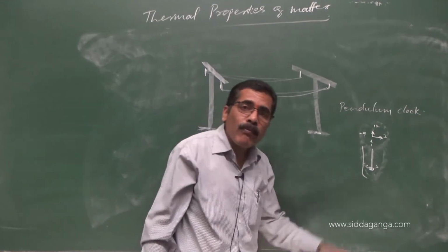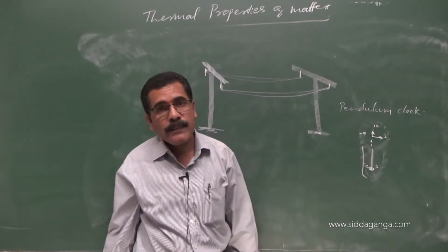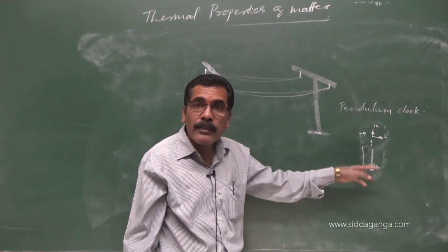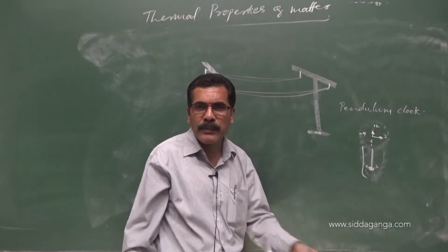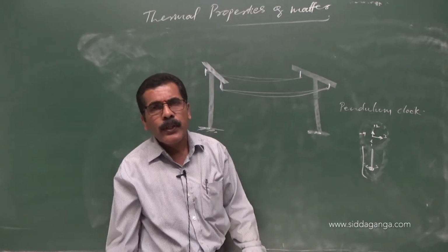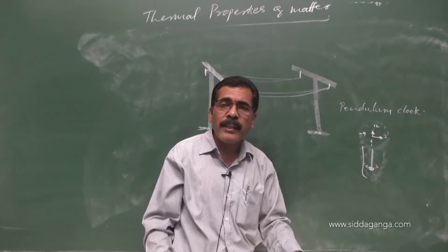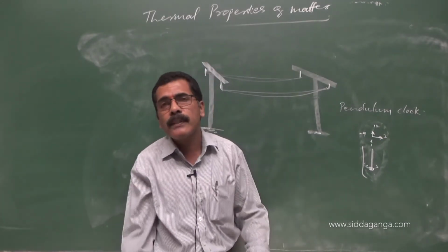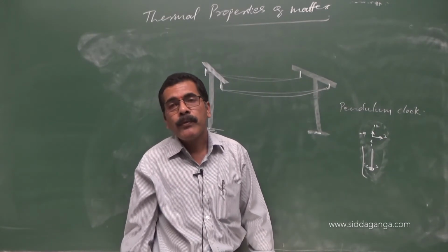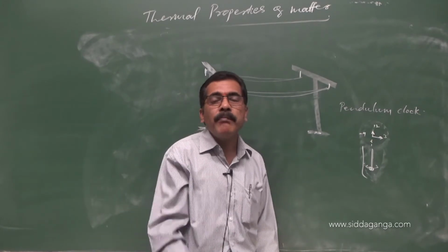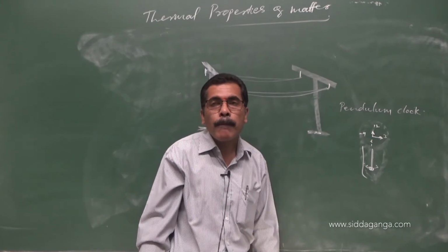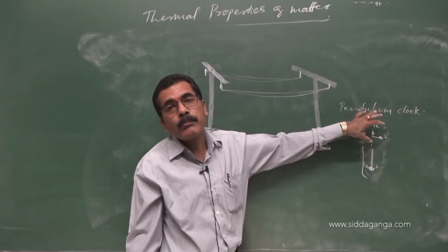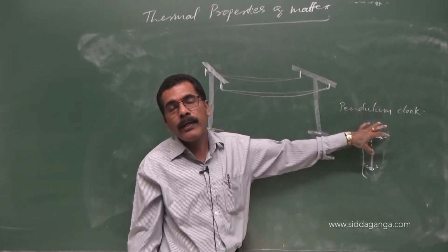And the problem with this pendulum clock was, during summer there used to be an expansion, a slight linear expansion. As length increases, the period of oscillation also increases. So, due to the increase in the period, the clock became slow during summer.